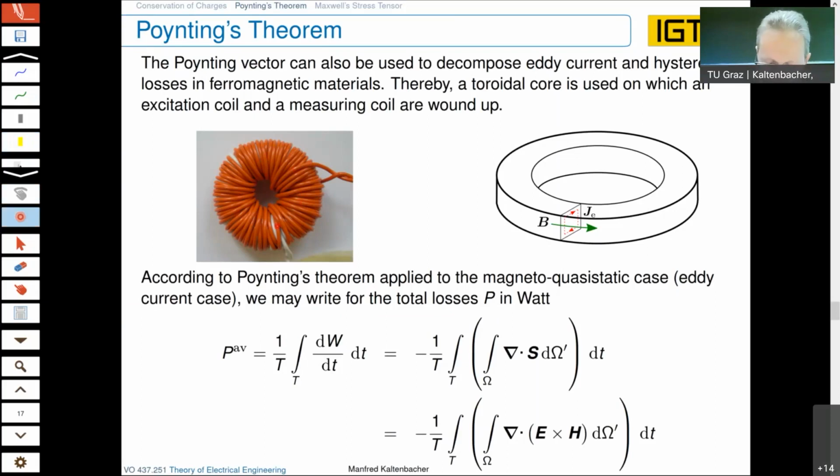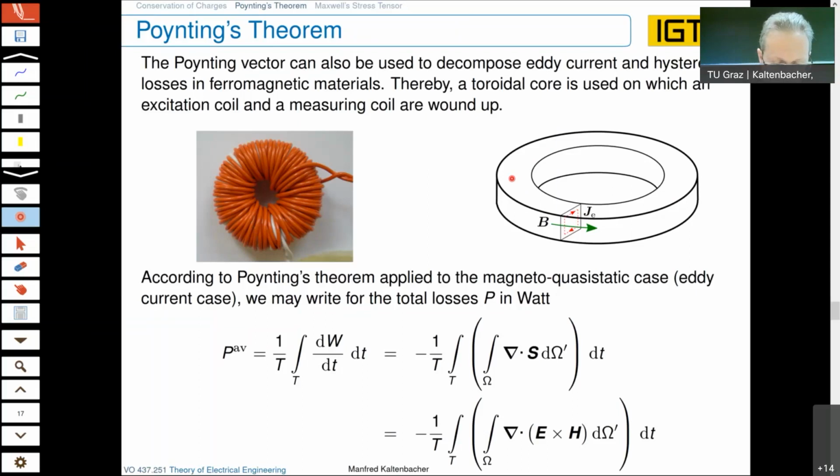You have, or perhaps I show it here, a ring made of a ferromagnetic material. And we are interested there in the losses, which are made of the hysteresis losses. So we just consider here the magnetic energy density, and clearly, since we will excite here with the AC current, we will also have some eddy current losses, because the ferromagnetic material also has some conductivity.